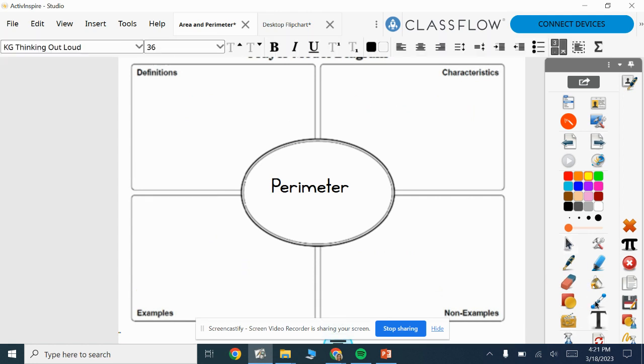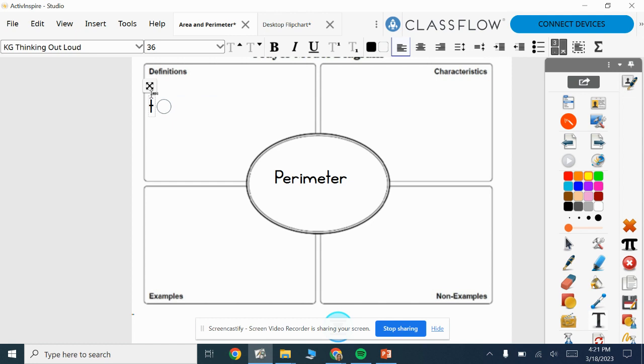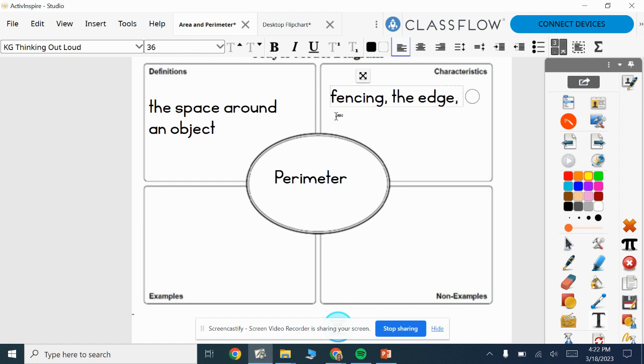Perimeter is different. Perimeter is the space around an object. You might hear a lot about fencing, the edge, those kinds of things.